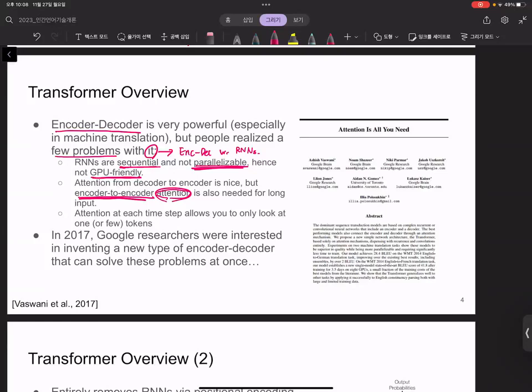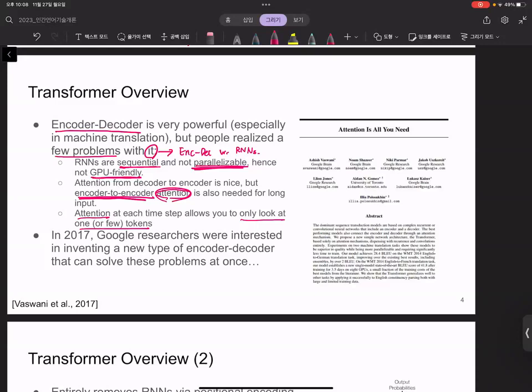And notice that attention at each time step allows you to only look at one token. Ideally, we want our attention to see as many tokens as possible, right?